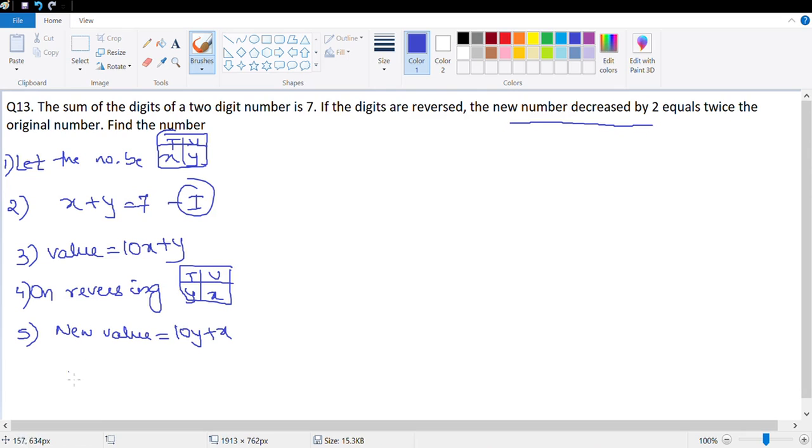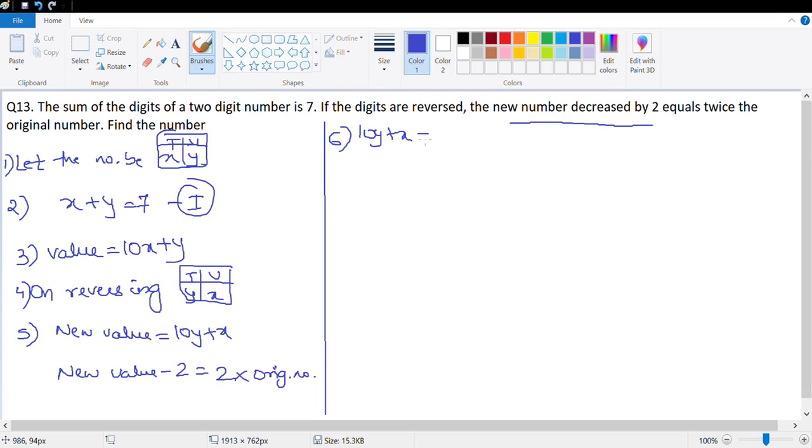So new number minus 2 is equal to 2 into the original number. That's the relationship given in the question. Let's substitute values and see what we get. So the new value 10y plus x minus 2 is equal to 2 times 10x plus y. Let's open the bracket and see what we get.